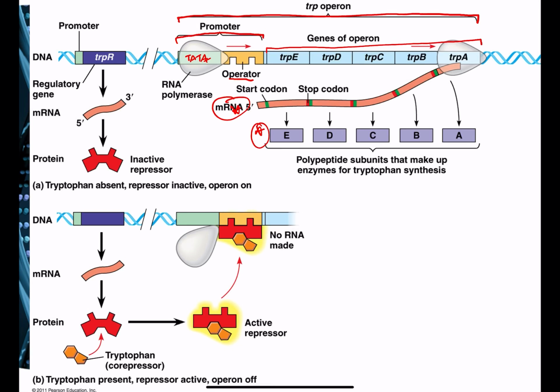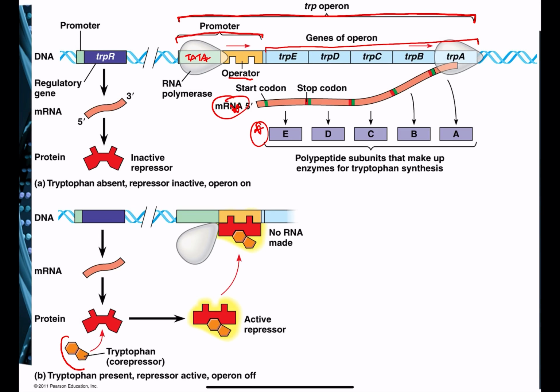Okay? So at this point, the repressor is inactivated. Again, remember, this is a repressible operon, meaning it's generally on, but we can repress it. We can stop it. And so in order to stop it, you have to have a co-repressor that binds to the repressor molecule. So this is a repressor molecule.